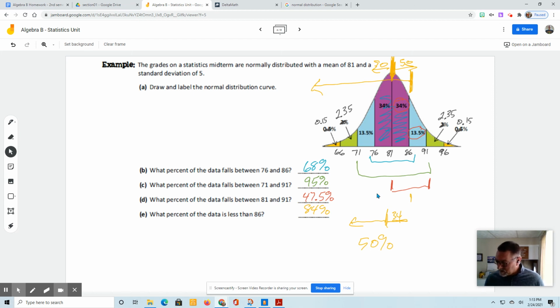Within one standard deviation, 68%, so 34 and 34. Within two, then we add those together, so we have 47.5 and 47.5, and so on. Right? So there's the empirical rule, it's called. The 68, 95, 99.7 is the empirical rule. So you'll be using that with what we're doing on Thursday and Friday and with the Delta Math assignment.